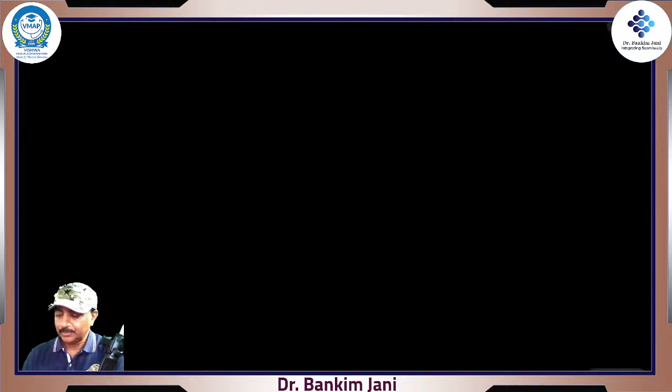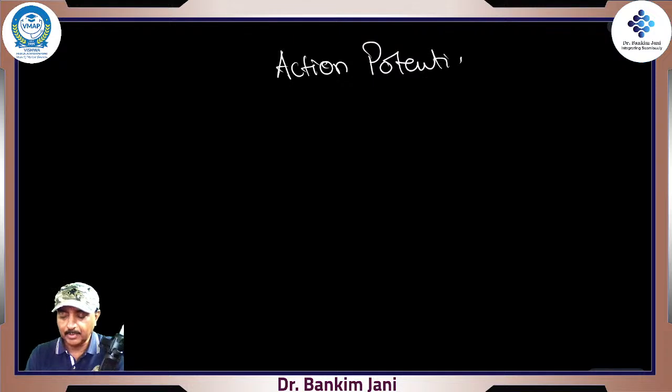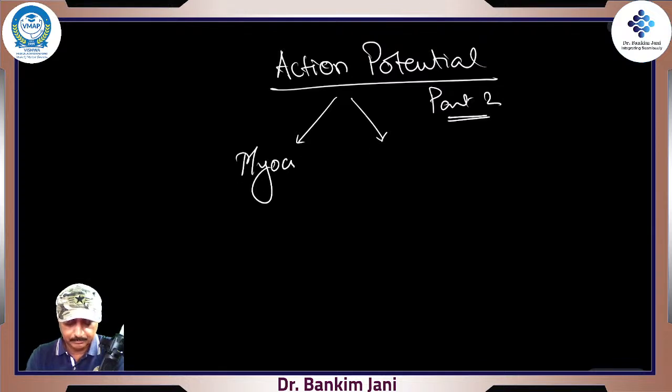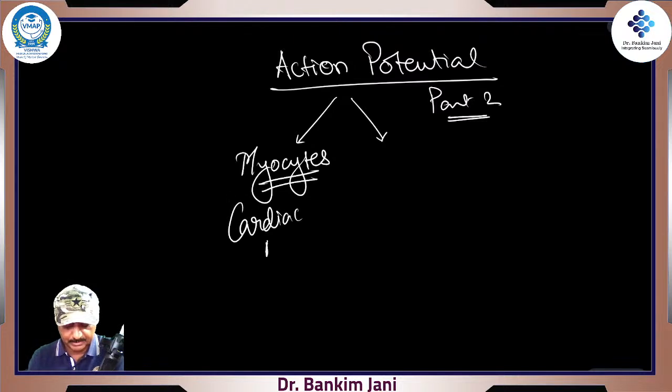Okay, so let's start with our action potential. Yesterday you learnt about the action potential in neurons. Today this is part 2, so our focus would be on two things. One, myocytes: how it really works in cardiac muscles, and how those cardiac muscles are so different compared to others.